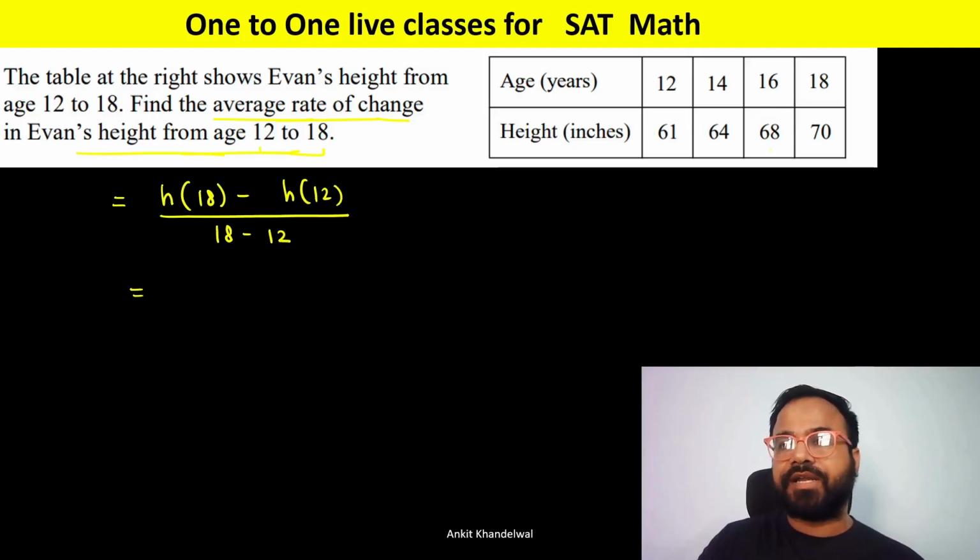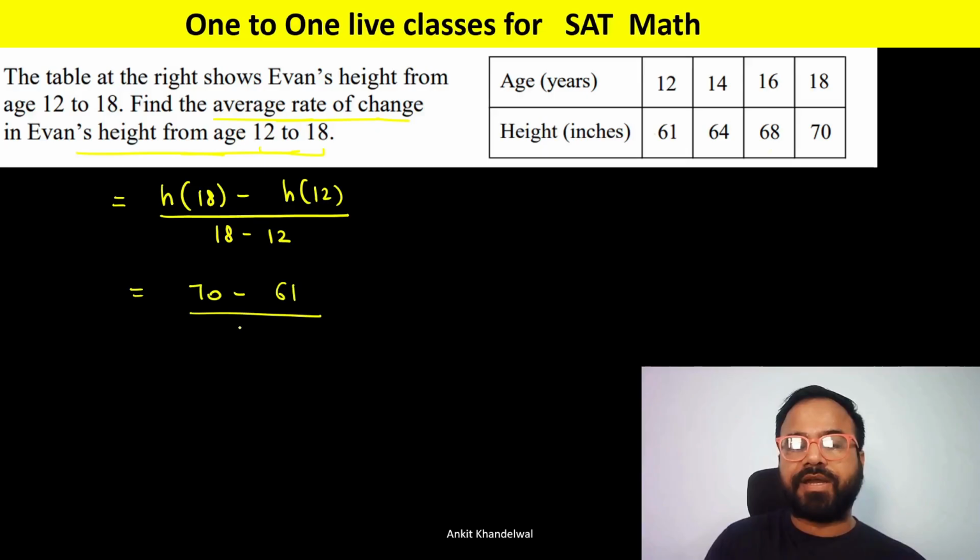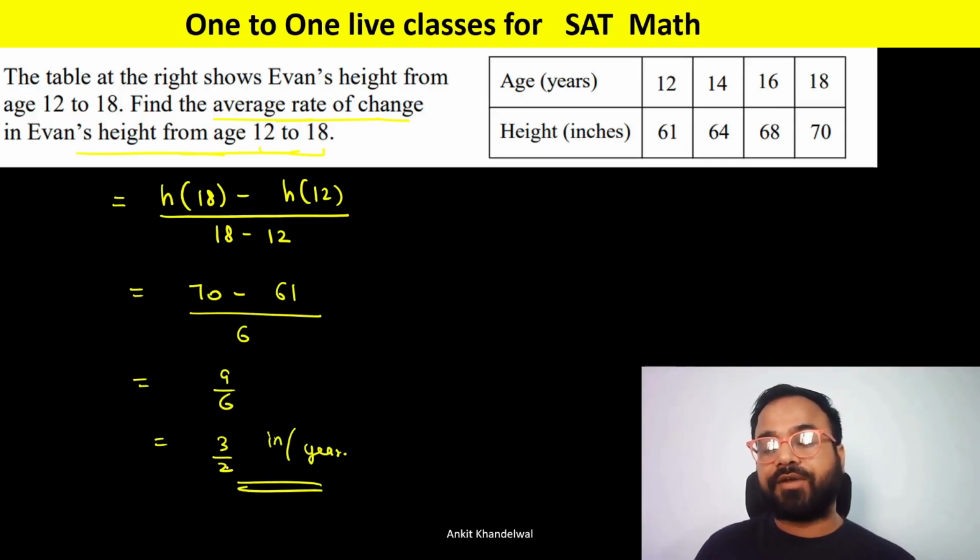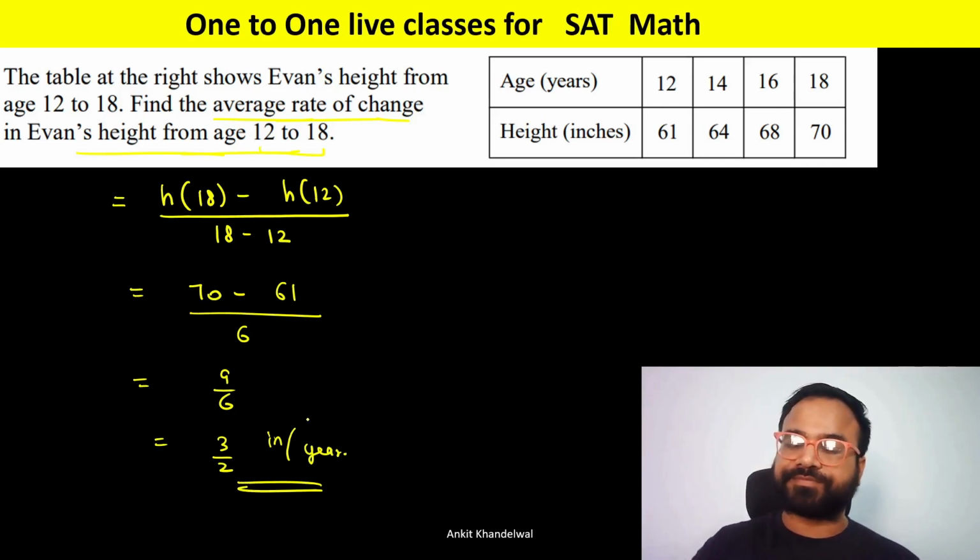So height at 18 years is 70 inches, minus 61, divided by 18 minus 12, which is 6. 70 minus 61 is 9, so 9 over 6. So we can say 3 by 2, and the unit will be inches per year. So on average his height was increasing at 3 by 2 inches per year.